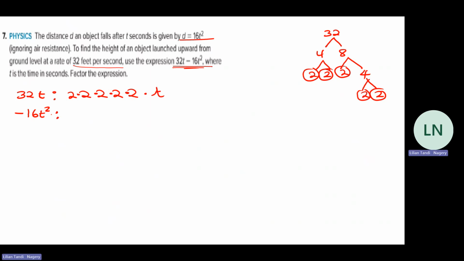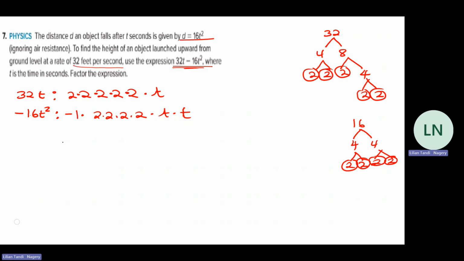So times t. Let's break down 16. We start with negative 1. 16 will be 4 times 4, 2 times 2, 2 times 2. So that will be 2 times 2 times 2 times 2 times t times t.